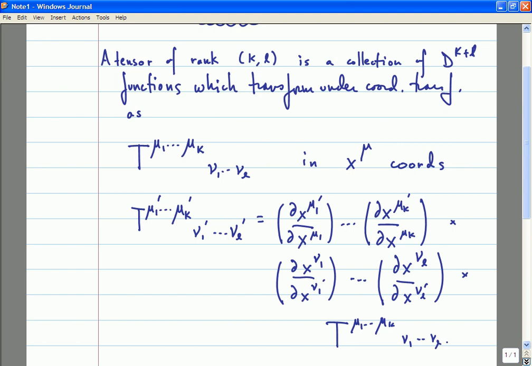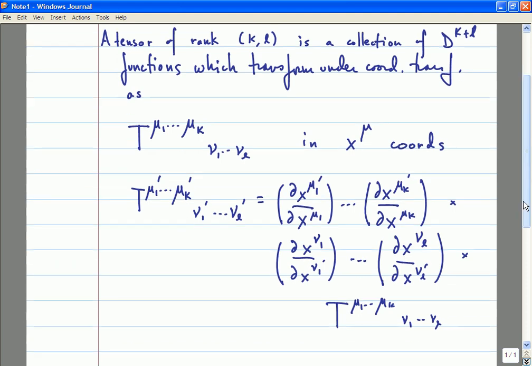So it's worth staring at this definition for a few minutes and making a few comments. Let me first remind you that a scalar tensor, or a (0, 0) tensor, is an object with no indices that transforms in the completely intuitive way under a coordinate transformation. Namely, a scalar is an association of a number with each point in space-time, with each point in the manifold, and that's independent of whatever coordinate system you're in.